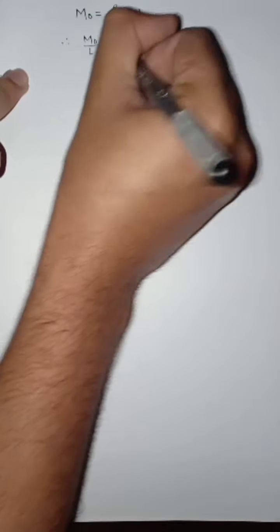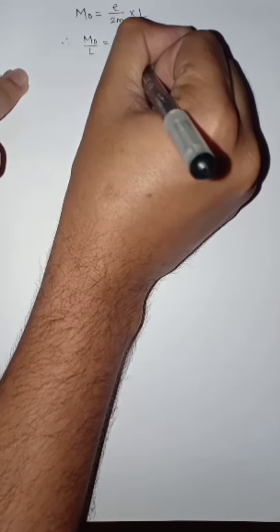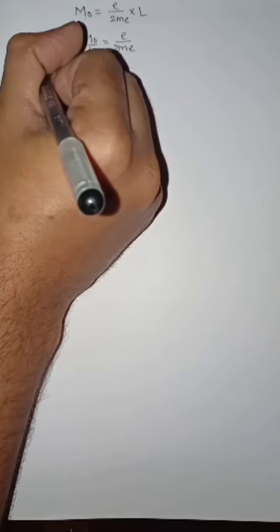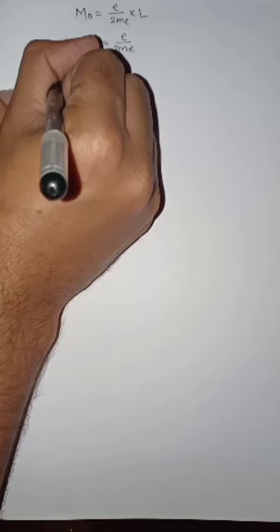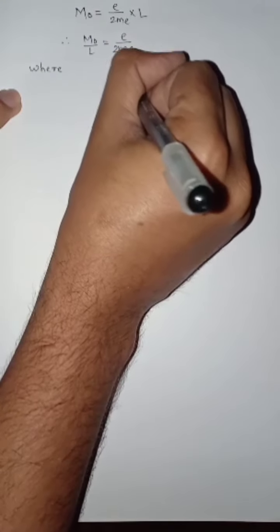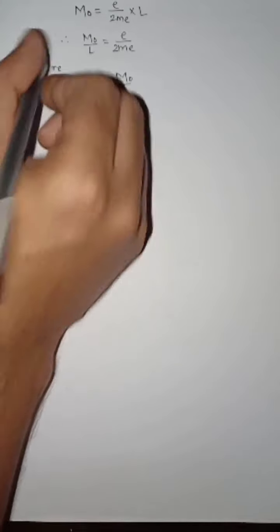Therefore m0 upon L is equal to e upon 2 m e, where m0 upon L is nothing but the gyromagnetic ratio.